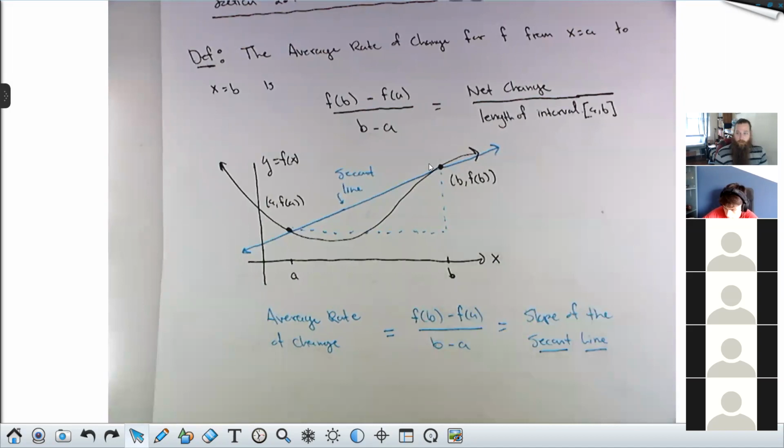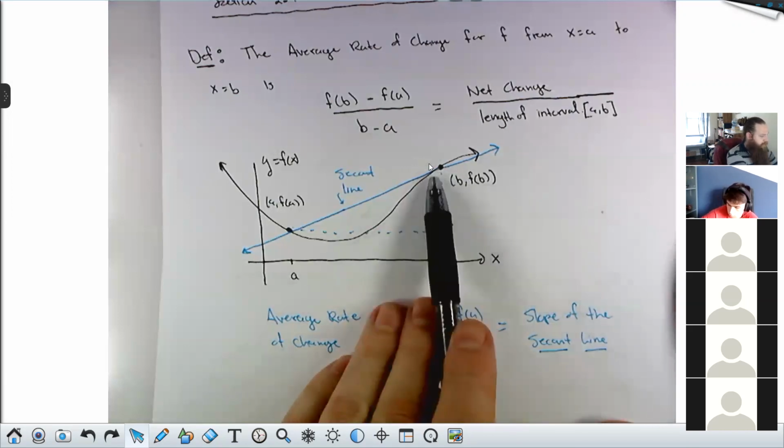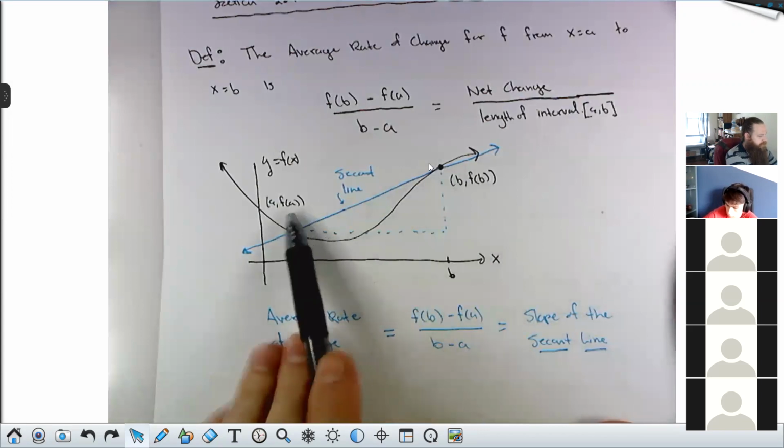If you've taken trigonometry, you've heard of the secant function. These are very much related to one another. If you look at the secant line for a circle, the unit circle, that will give you the secant of the angle of the point where you're drawing the secant line. The difference in heights here, the y value up here is f of b, the y value down here is f of a.